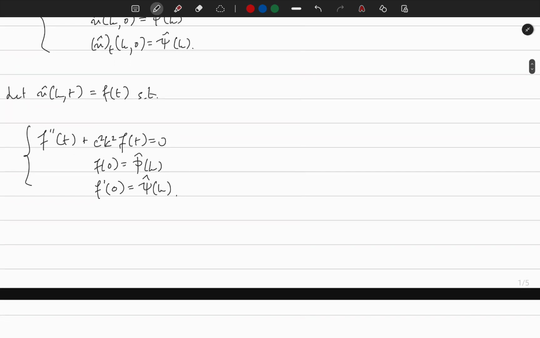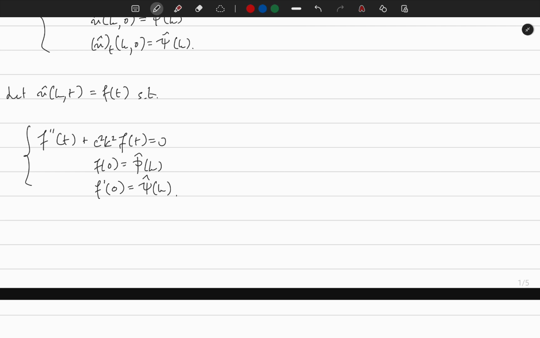And this is simply just a second order differential equation, and it's also homogeneous, so we can use the fundamental set from our basic differential equations course and other techniques to help us solve this.